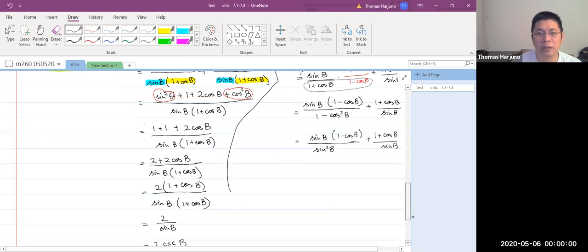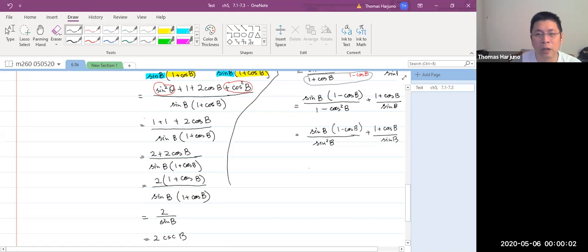And when I cancel, I get (1 minus cosine B) over sine B. Notice that all of a sudden we have an LCD.